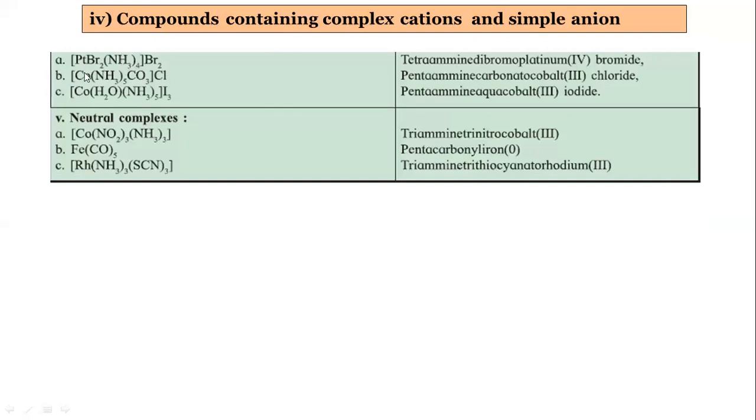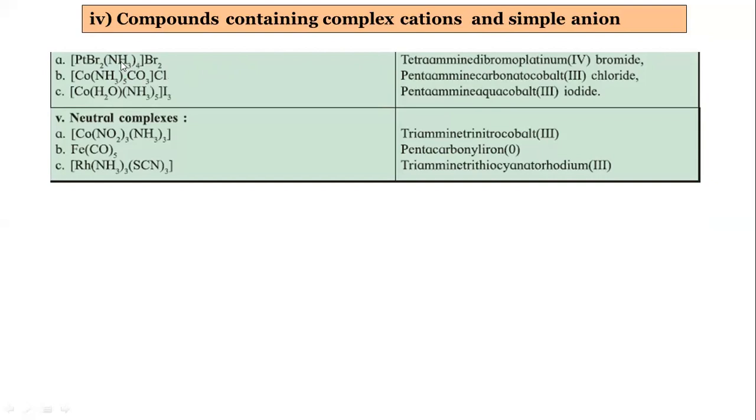So there are 2 ligands: 2 bromine and 4 ammonia ligands. So there is a question: alphabetically, which comes first, bromine or ammonia? As the spelling indicates, ammine comes first because it starts with the letter A. So in the nomenclature, tetraammine is written first because alphabetically ammine comes first.